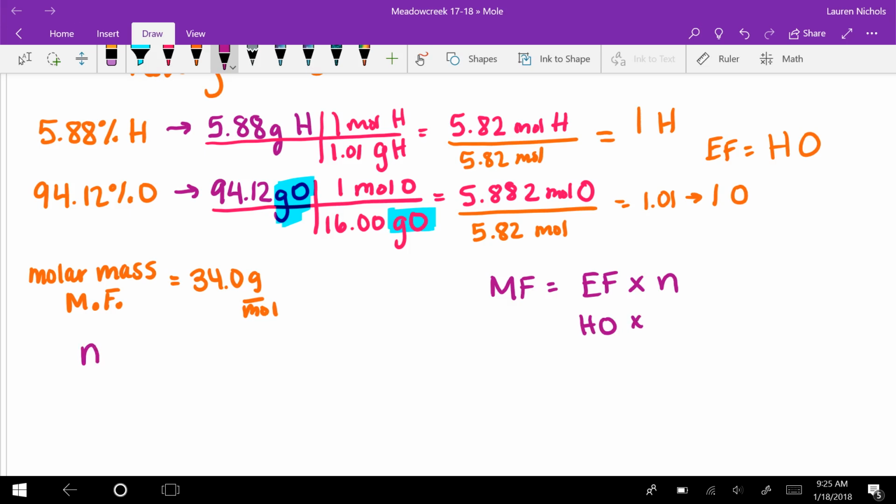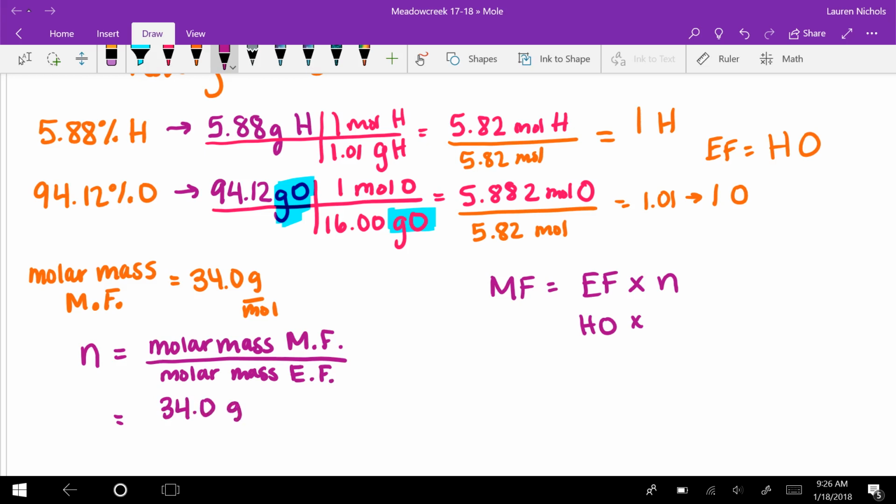The way you calculate N is it equals the molar mass of your molecular formula divided by the molar mass of your empirical formula. They gave us the molar mass of our molecular formula. They told us it was 34.0 grams per mole. But we don't have the molar mass of our empirical formula.